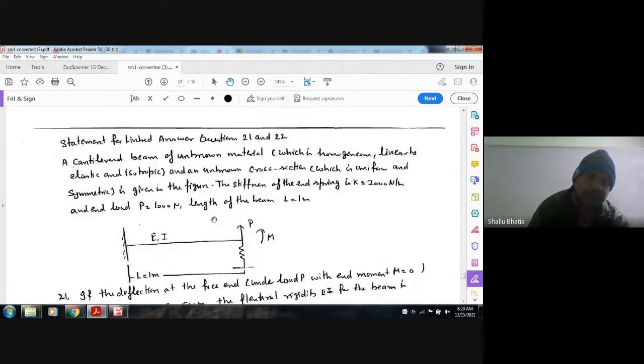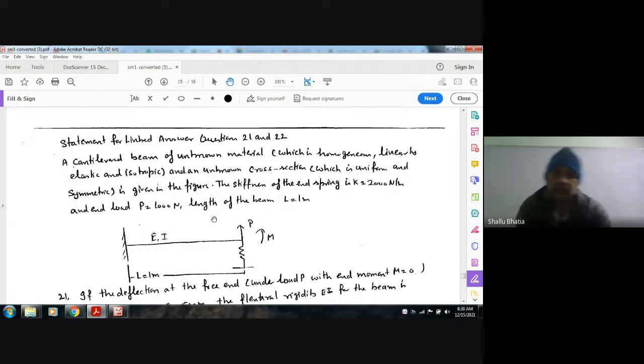Next, statement for linked answer questions 21 and 22. A cantilever beam of unknown material which is homogeneous, linearly elastic and isotropic, and of unknown cross section which is uniform and symmetric, is given in the figure.